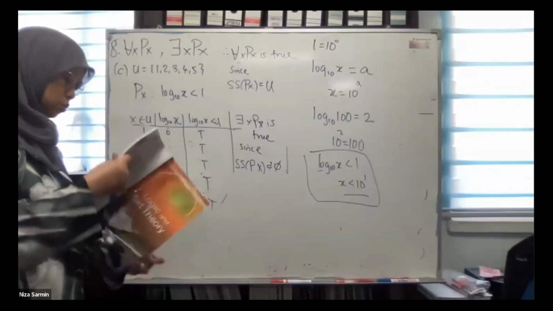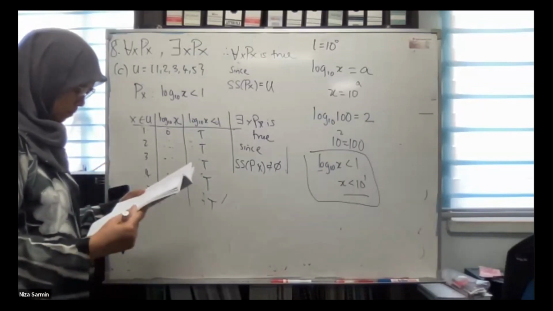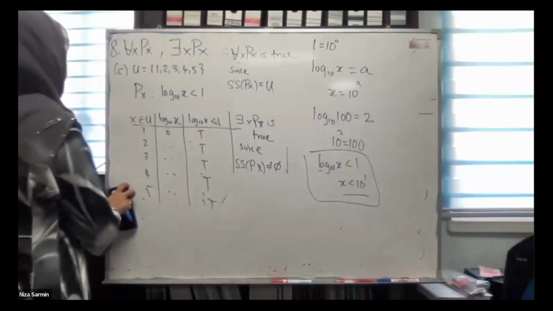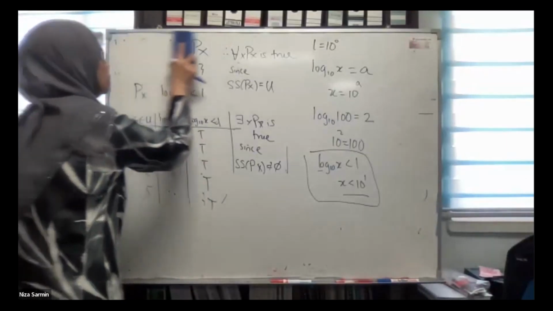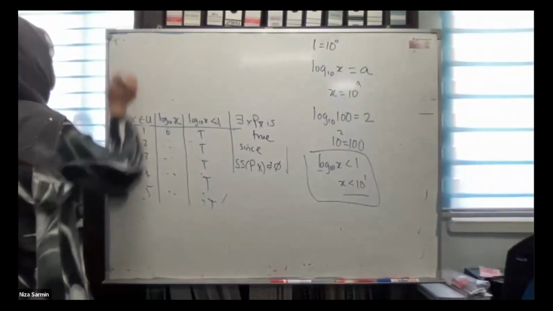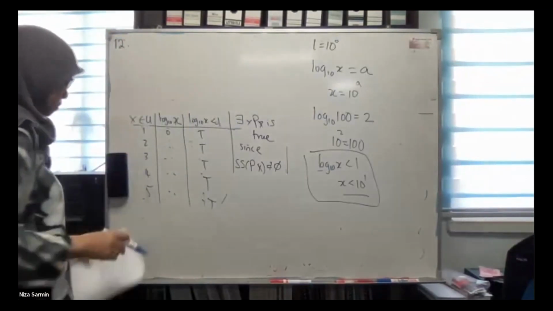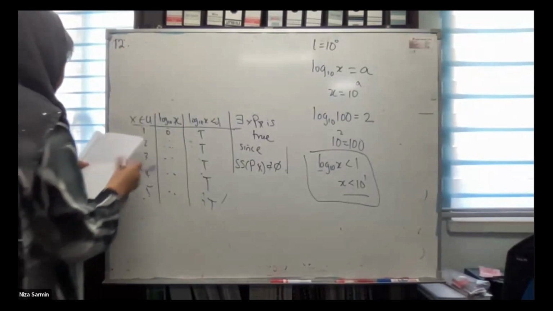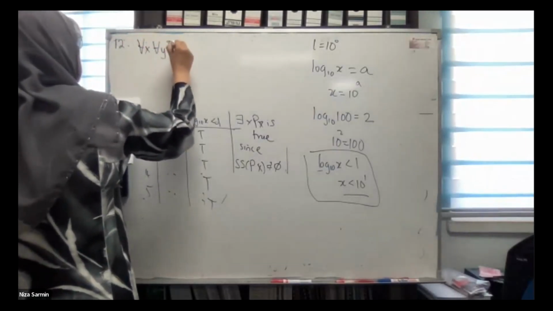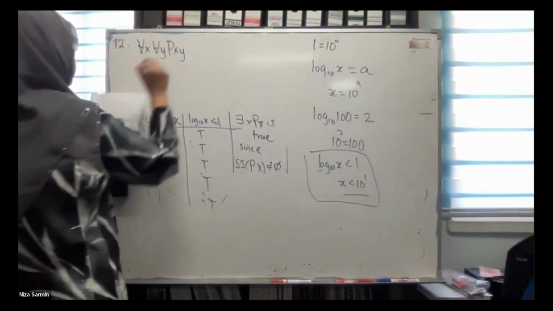I want to go to number 12. Number 12, yeah? You have to find for all x, for all y, pxy.